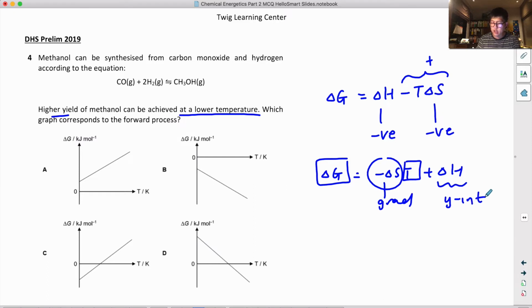We just learned that change in H is negative, so it cuts the y-axis on the negative side, and change in S is negative, so the gradient will be positive. So you need a positive gradient, and it cuts the y-axis on the negative part of the y-axis. So the answer must be C.